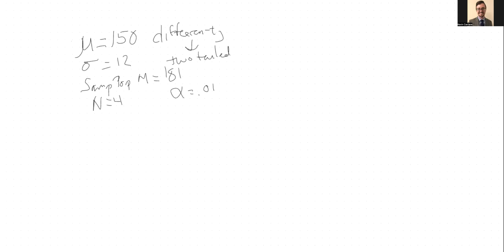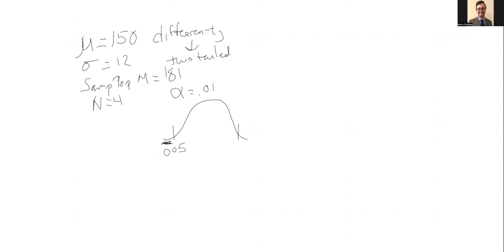So when we're thinking about that, here's our curve. With an alpha of 0.01 for a two-tailed test, how much area is on one side of that curve? 0.005, right? We divide it by 2.